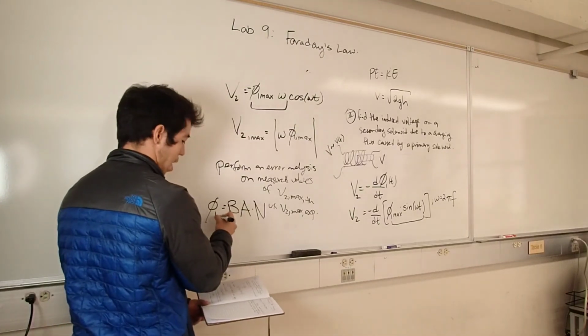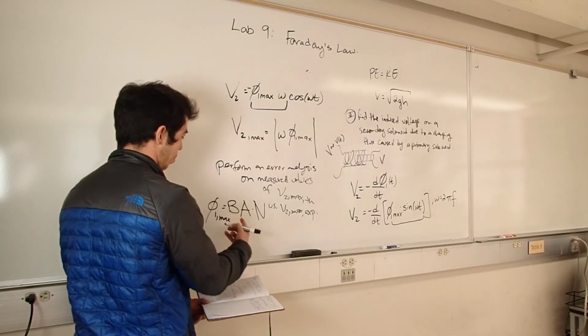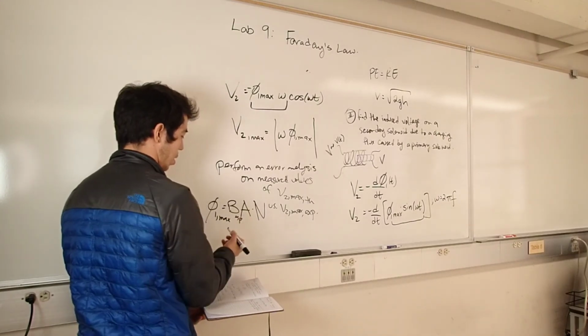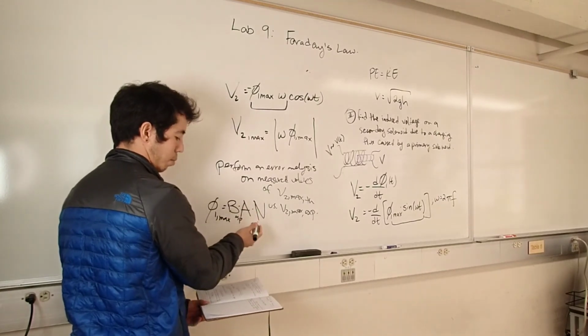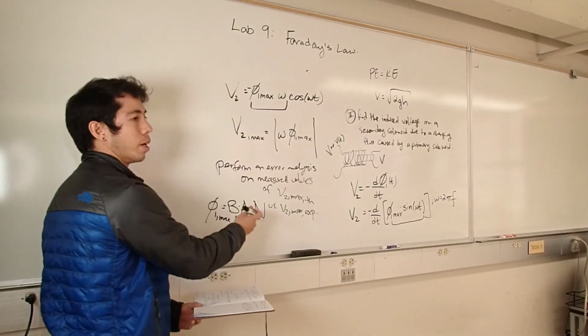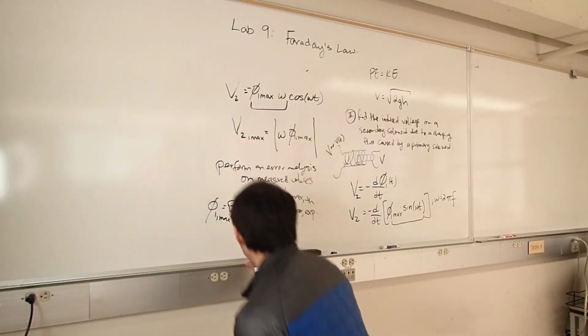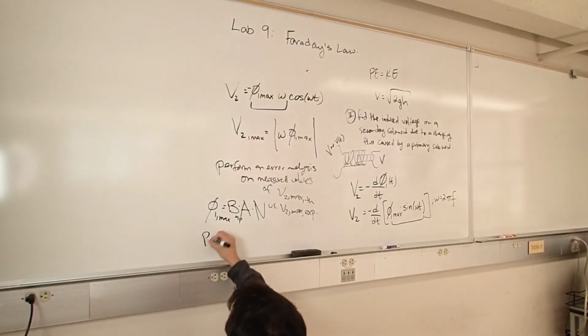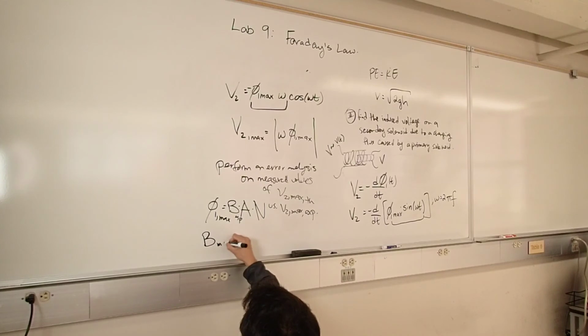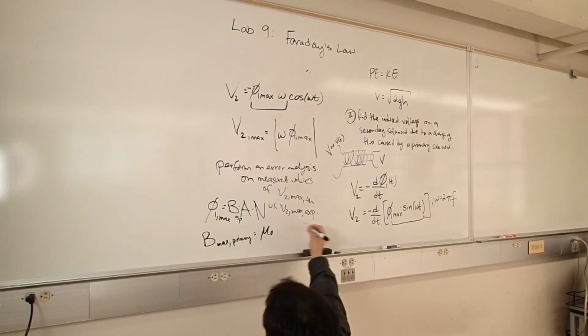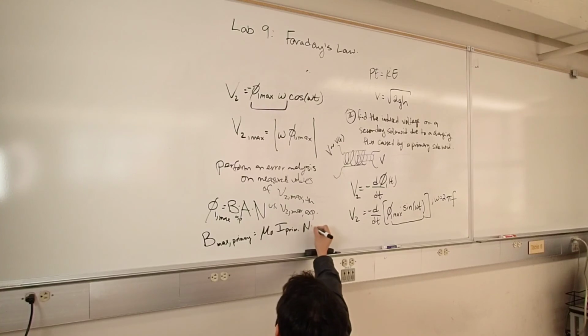So Φ1 max equals B max primary times A times N, where A is just the cross-sectional, or overlapping, area. And B, again, is just the magnetic field of the primary solenoid, which is given by μ0 I primary times N primary over L.